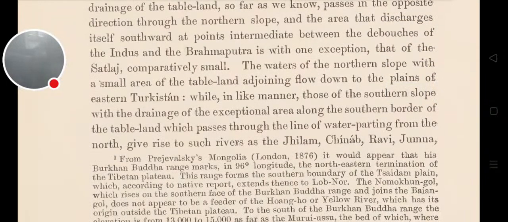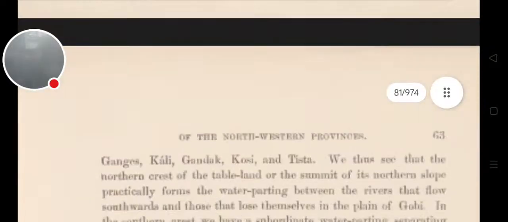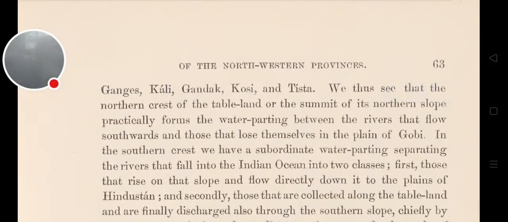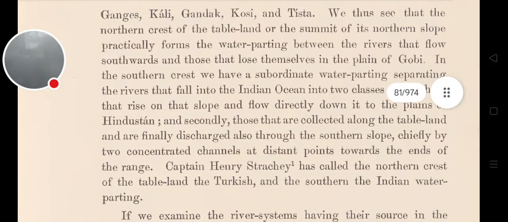The waters of the northern slope, with a small area of the tableland adjoining, flow down to the plains of eastern Turkestan, while, in like manner, those of the southern slope, with the drainage of the exceptional area along the southern border of the tableland, which passes through the line of water parting from the north, give rise to such rivers as the Jhelum, Chenab, Ravi, Jamna, Ganges, Kali, Gandak, Kosi, and Teesta.